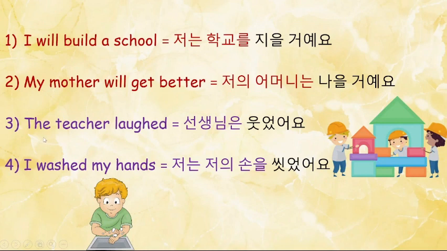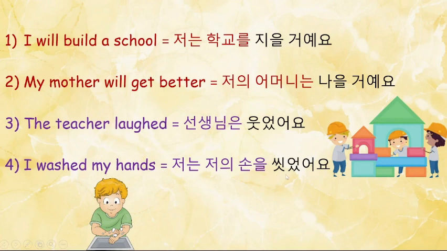Third one is the teacher laughed. 선생님은 웃었어요. Okay, उत्ता जो verb है to laugh, वो इस irregular rule को follow नहीं करता, उसमें regular conjugation होता है, इसलिए यहाँ पे sheer remove नहीं हुआ. Okay, next is I washed my hands. 저는 저의 손을 씻었어요.